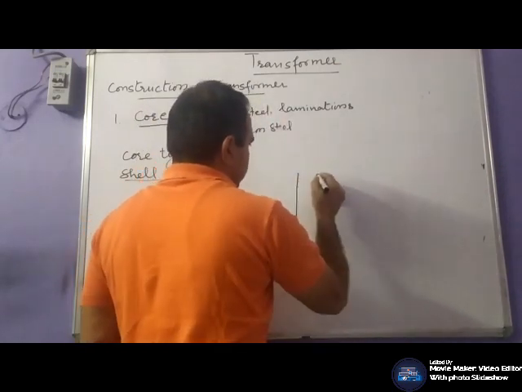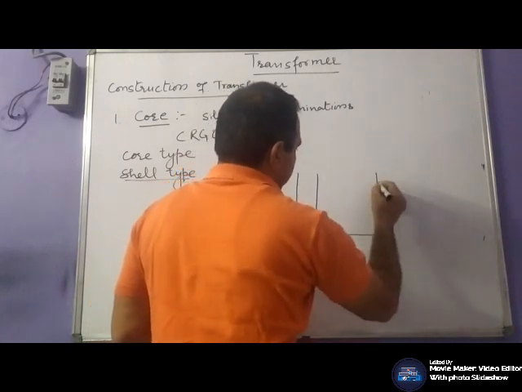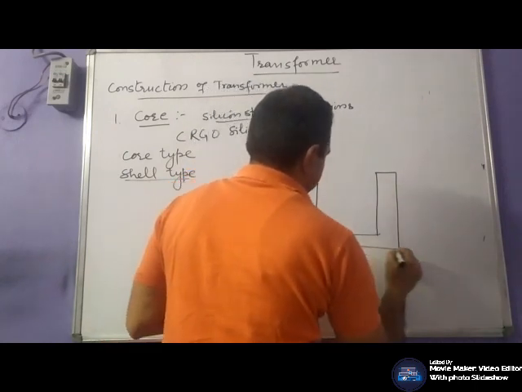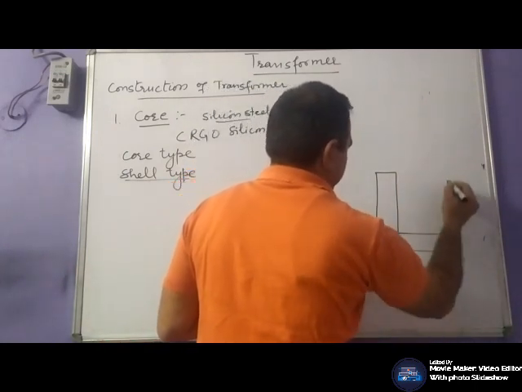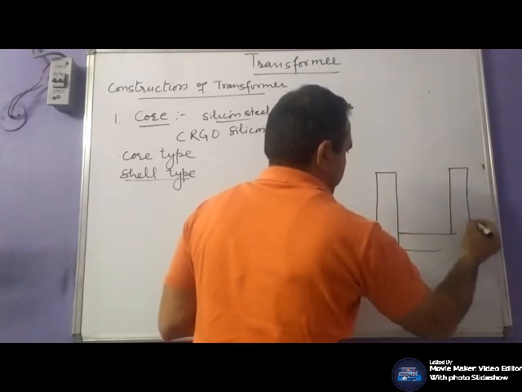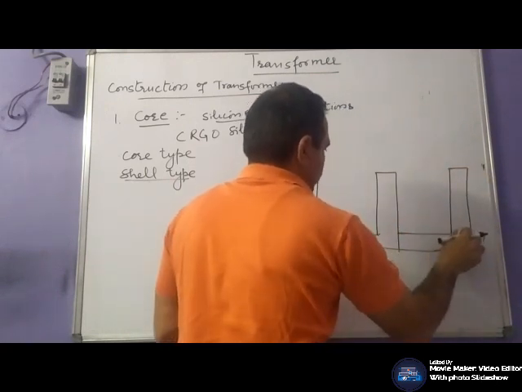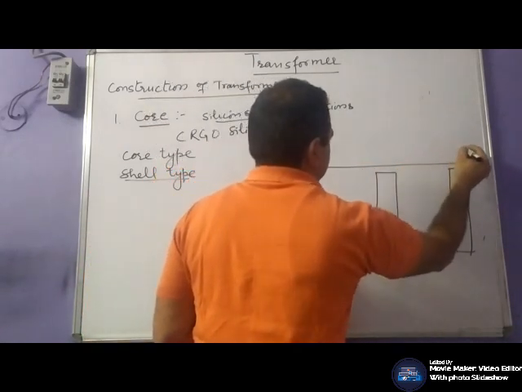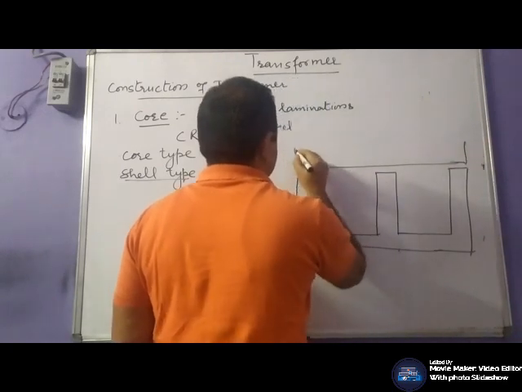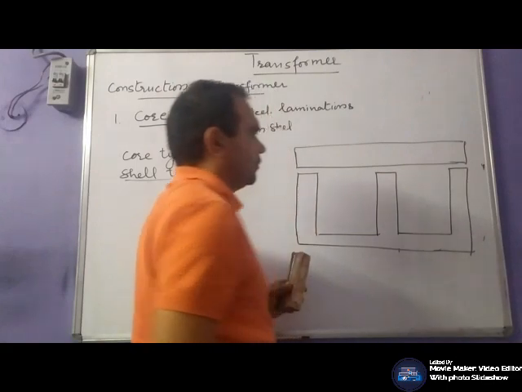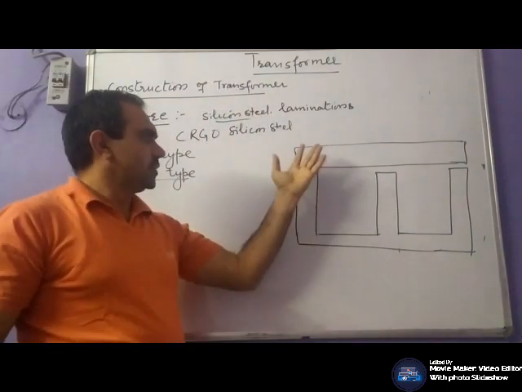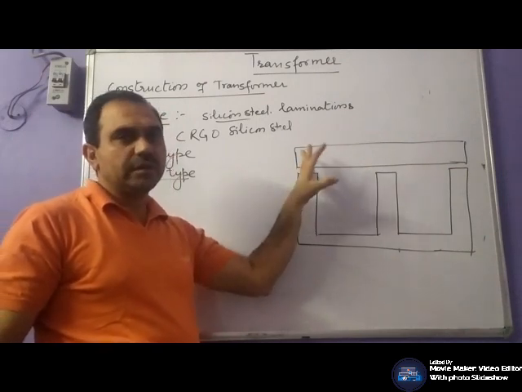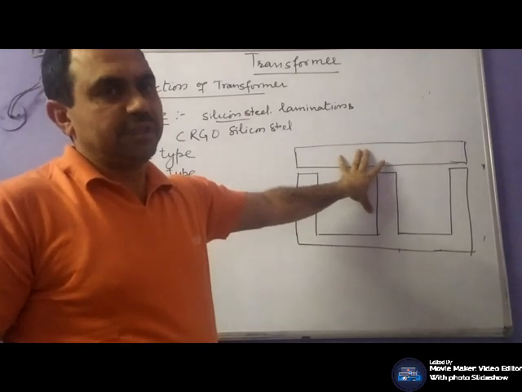It has E and I shaped laminations. And they are placed alternately or staggered in such a way that the air gap would be minimum and it will form a compact shape.